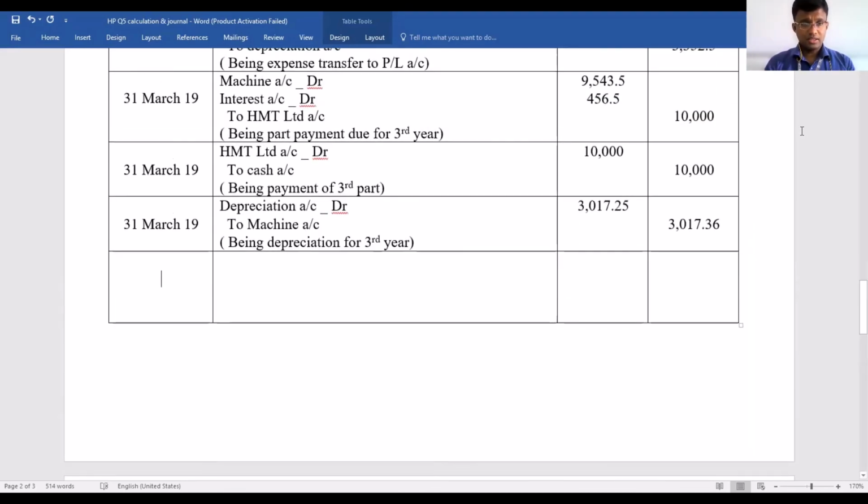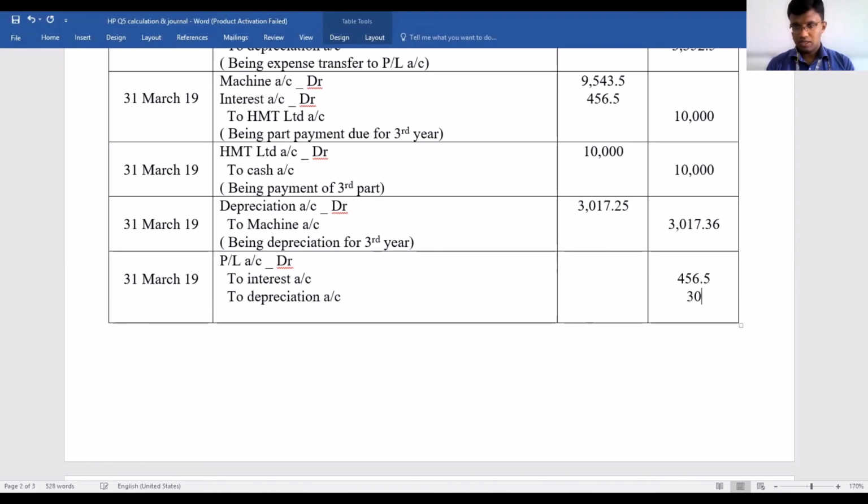And finally the third year's expenses have to be transferred to the profit and loss account. Now, what are the expenses we have to transfer? Profit and loss account debited, interest account would be 456.5, and then depreciation account. And how much is depreciation account?